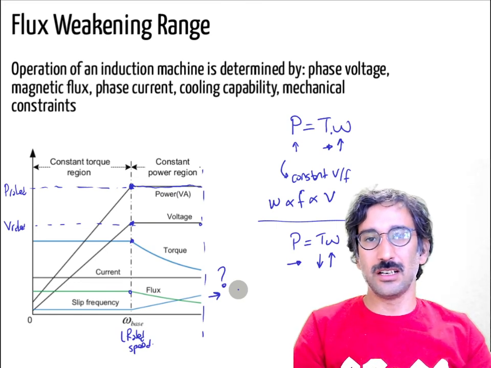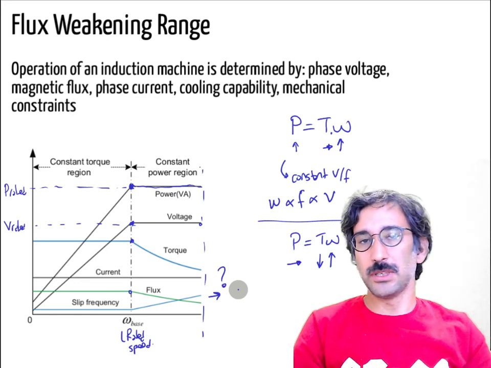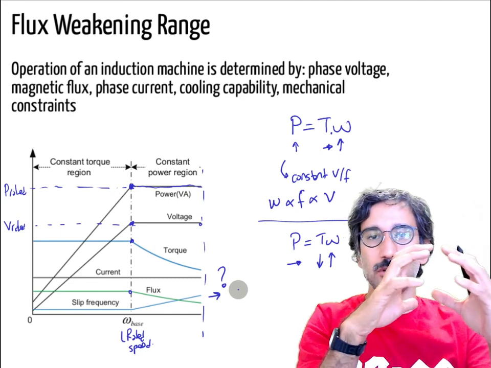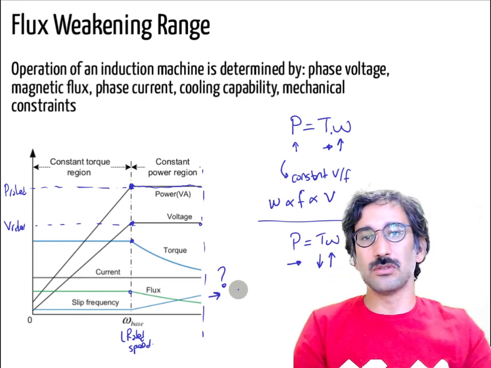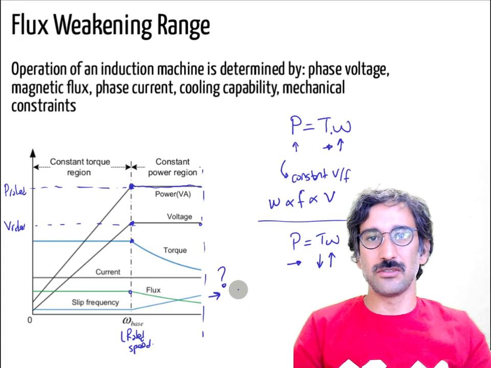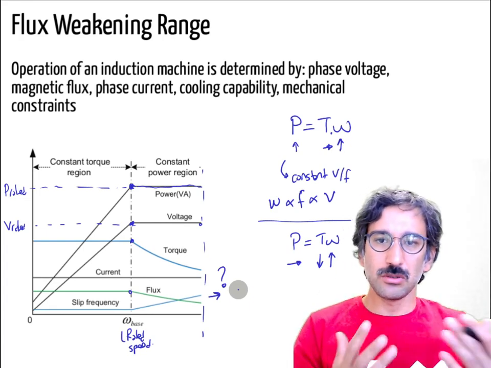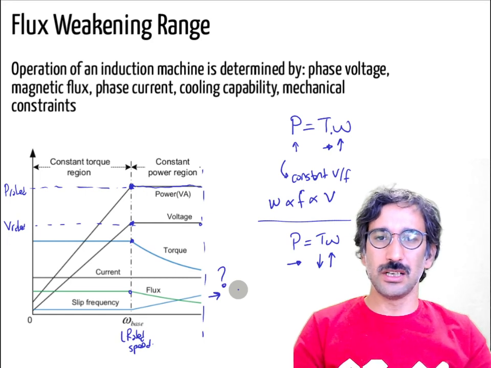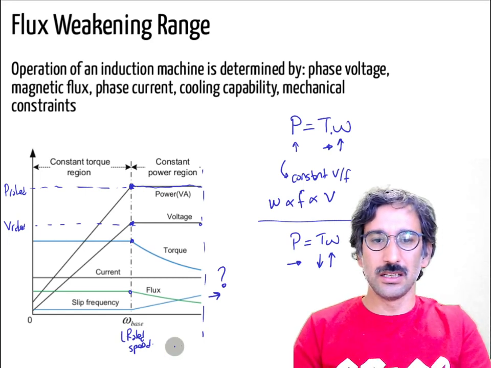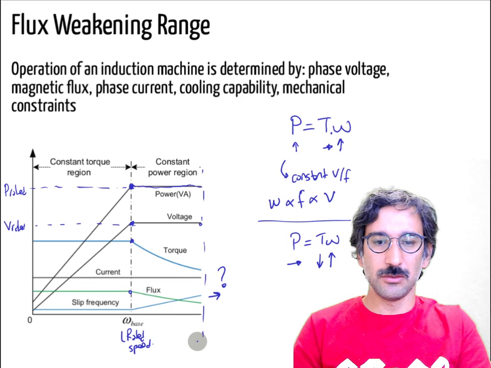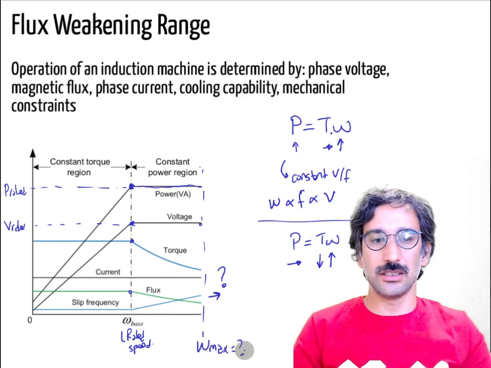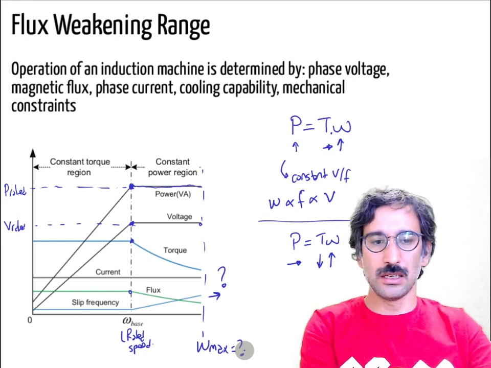So in the Model S Plaid, I think they use a carbon fiber sleeve just to keep the rotor in place against the centrifugal forces. So you can have that kind of mechanical limitation as well, determining the maximum speed you can achieve with the motor. Okay, so thank you.